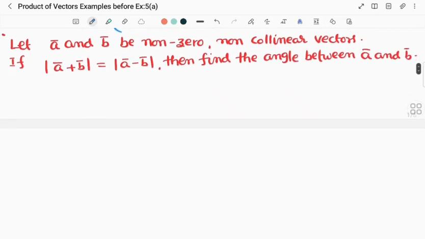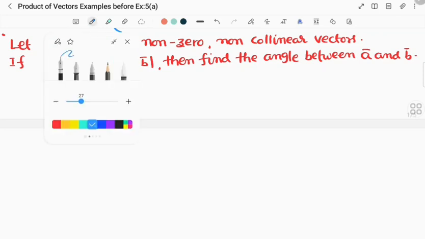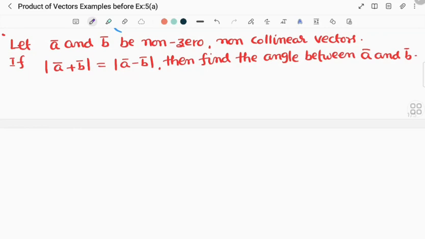Now question number 3. They are asking to find the angle between them when a condition is available. So what condition is there here? Mod a bar plus b bar equal to mod a bar minus b bar.